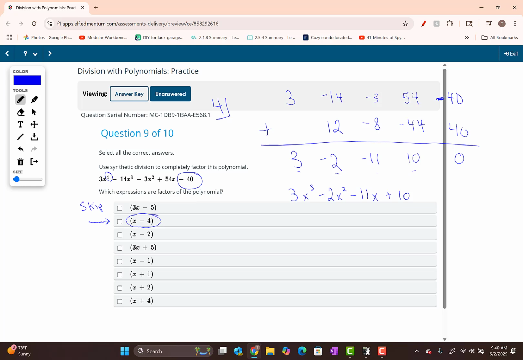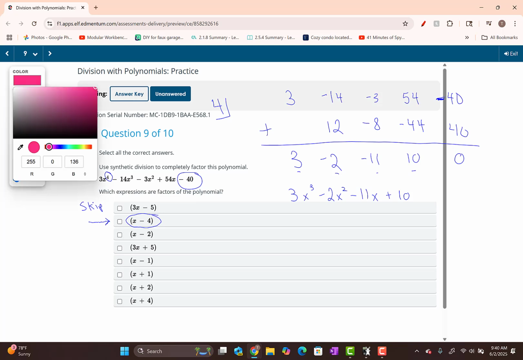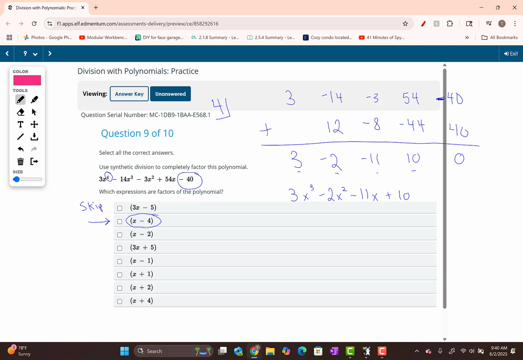Okay, so now this is our new problem. Let's change colors. And we're going to take those coefficients, 3, -2, -11, +10, and we're going to check the next answer, x minus 2. So we're going to take the 3 and add it to the number underneath it, which is nothing. 3 plus nothing is 3.